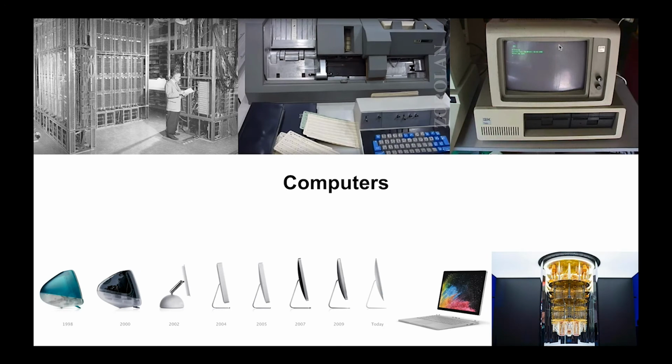Computers speak for themselves. Computers used to take up large amounts of space in order to be able to do simple computations. Then we had punch card computers, all the way to some of the first desktop computers. We're able to see a nice flow in the design of the outer structure of computers from 1998 to today.